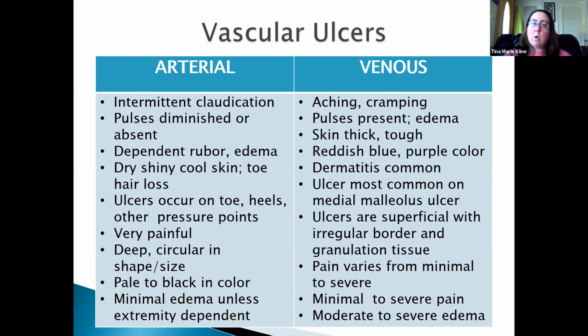So if the patient's ulcer is arterial, we got to have some interventions that are specifically aimed at promoting arterial circulation. If it's a venous ulcer, we need to have some interventions specifically aimed at promoting venous return, trying to avoid that venous pooling, okay?